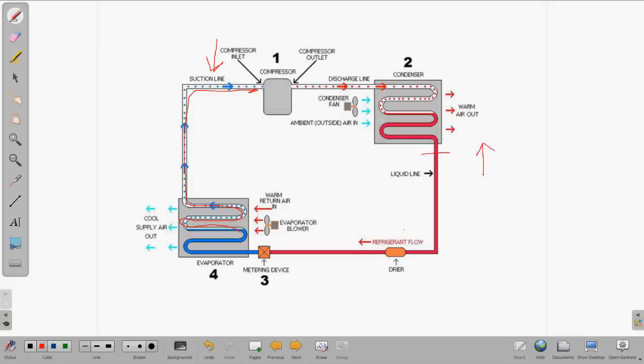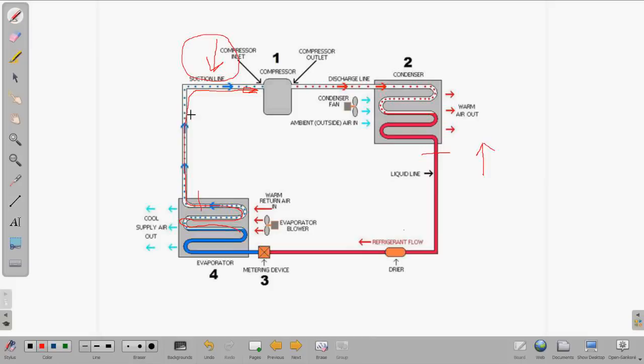So again, it travels through this coil, not enough heat to boil it off completely, or at the proper point that it needs to boil off in the evaporator coil, and this returns back to the compressor in the saturated state or very close to the saturated state with low superheat.